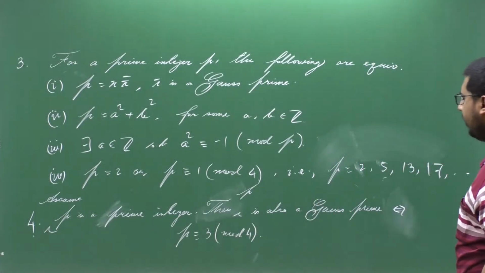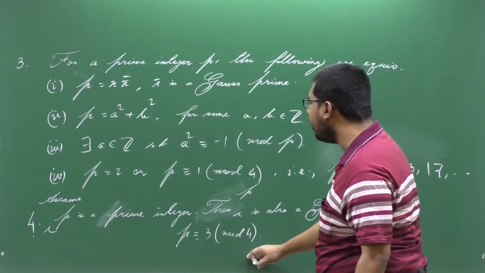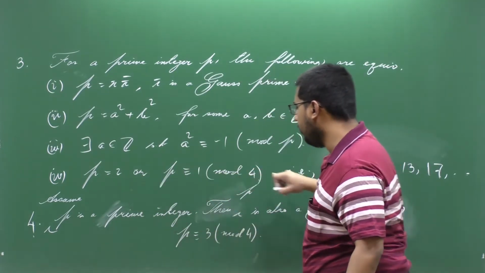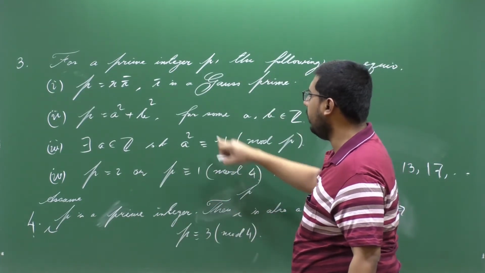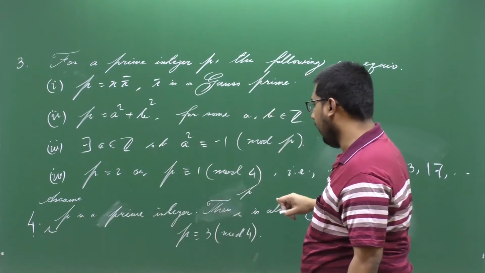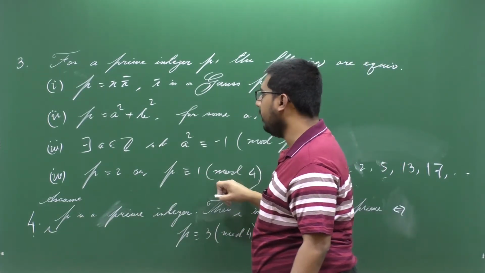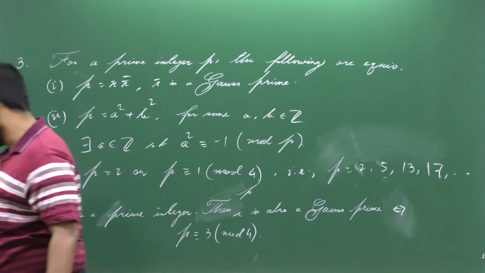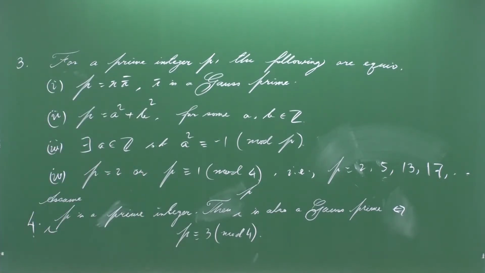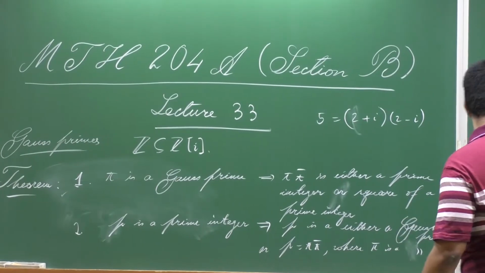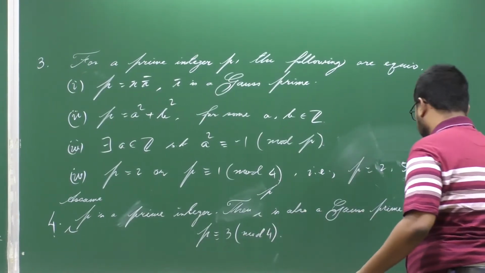So, it is a prime integer congruent to 3 modulo 4. Certainly it does not fall into any one of these, therefore this cannot happen. If this cannot happen, then it has to be a Gaussian prime. So, this is in fact an if and only if statement.